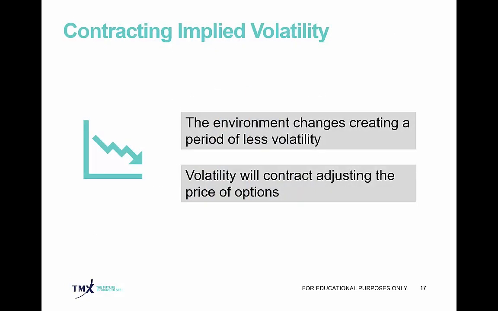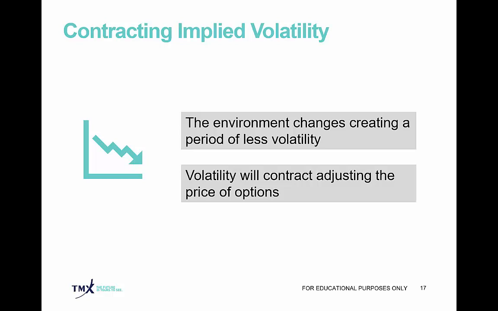Now, the challenge is that if you end up paying more for that option contract because of that uncertainty, but then the earnings announcement comes out and is not as exciting as had been expected, well, you're going to see a contraction of implied volatility. And that's where the environment changes, creating a period of less volatility. It's kind of like, think about buying hurricane insurance ahead of a hurricane.